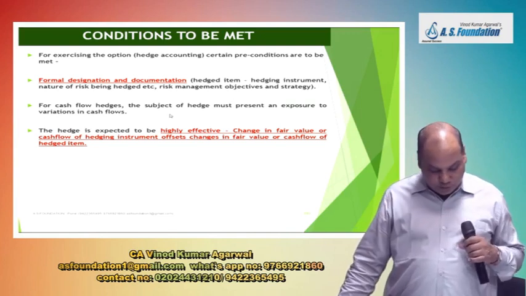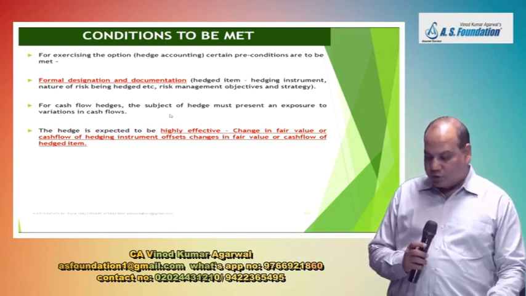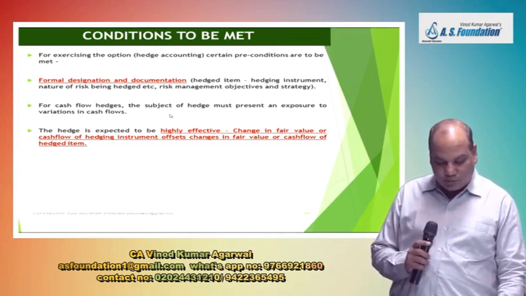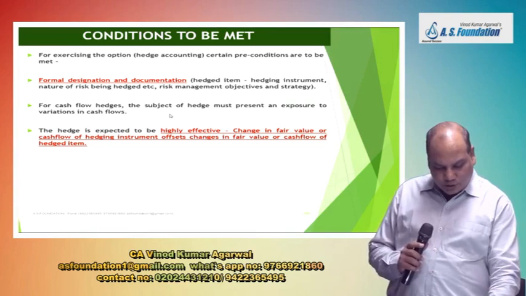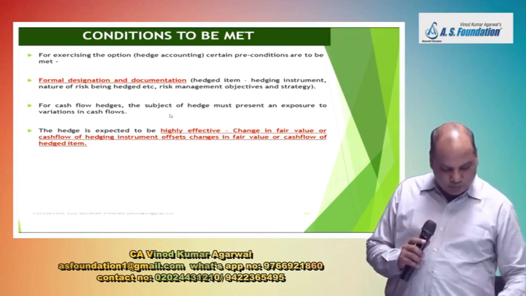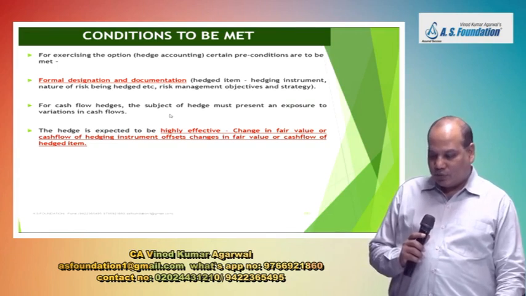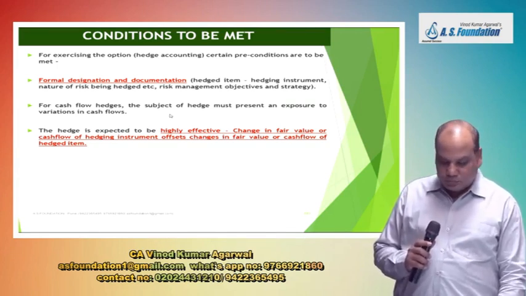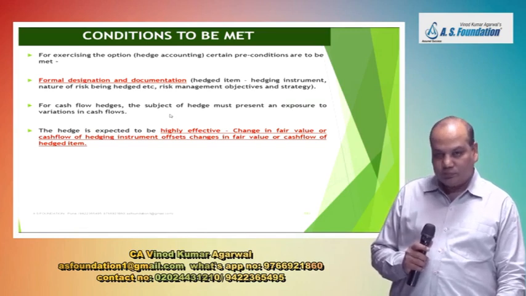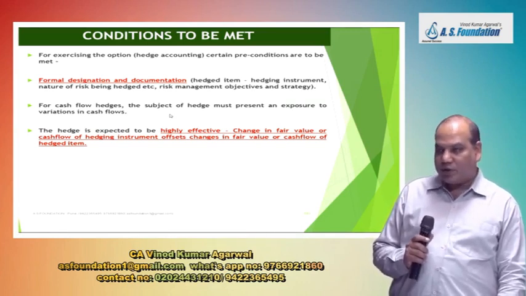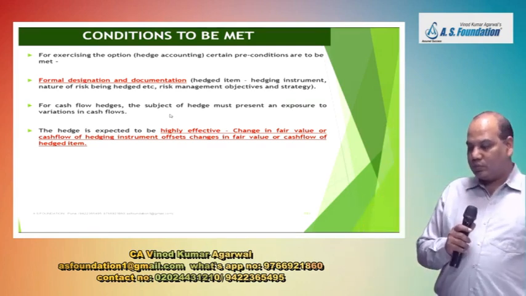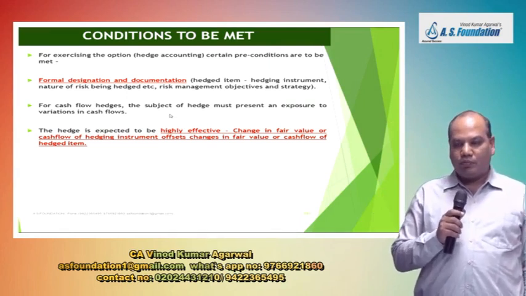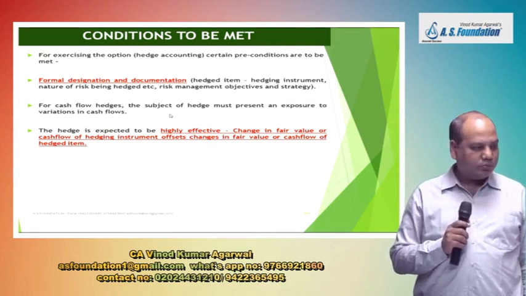And then for cash flow hedges, the subject of hedge must present an exposure to variation in cash flow. Is this line written? No. Why? Just write down one more sentence. For cash flow hedges, the subject of hedge must present an exposure to variation in cash flows.